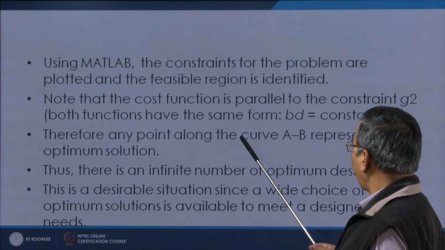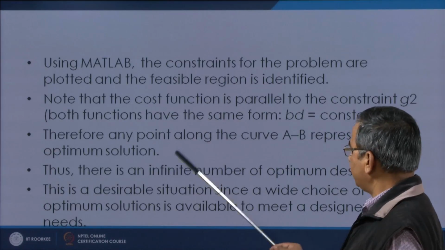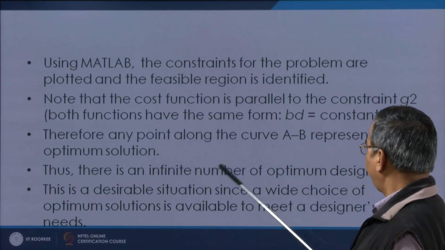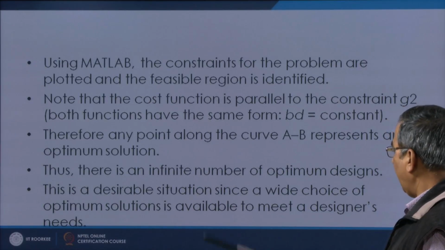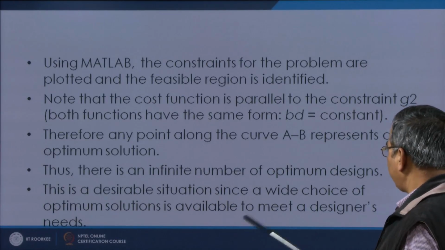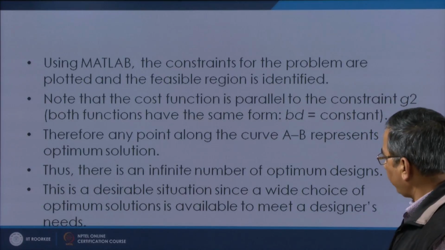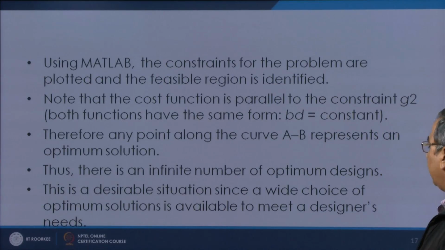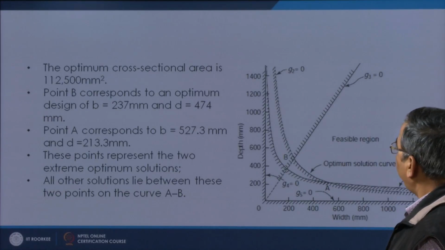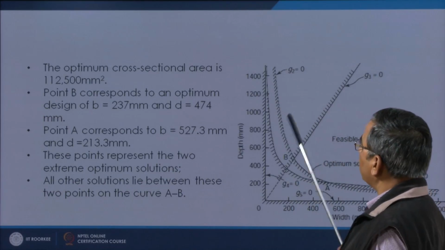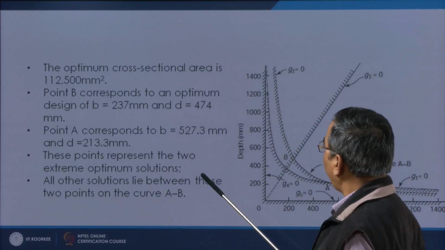Therefore, any point along the curve AB represents an optimal solution. So, we are going to have an infinite number of optimal designs, and of course, this is a desirable situation since a wide choice of optimal solutions is available to meet the designer's need. From here the optimal cross section area can be found.